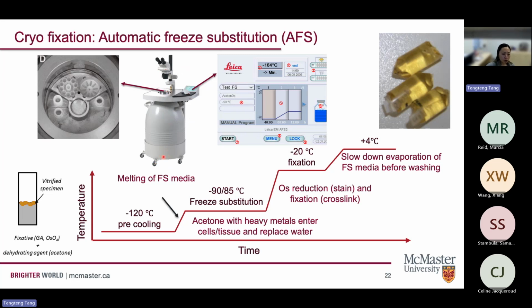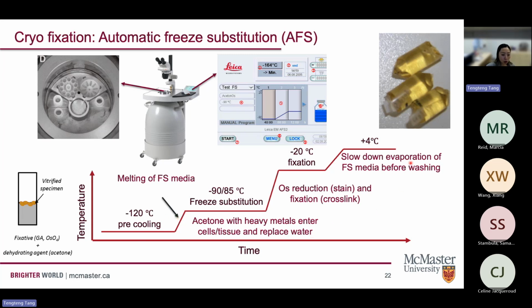This machine typically will be pre-cooled to a certain temperature. In this case, it's minus 120, and will gradually warm up to a certain degree. This is minus 90 degrees, so that the cocktail will start to melt. And for example, here, the acetone and other heavy metals, they will start to enter the cells and tissues to replace the water.